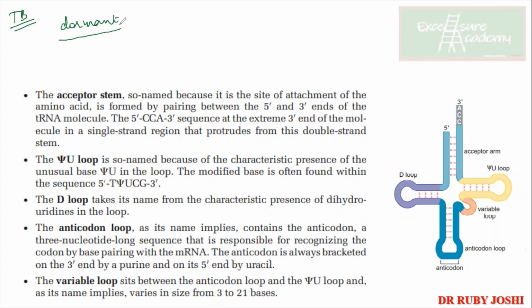Dormant means they can just go to the stationary phase where they're not growing, but they are alive, right? Inside the human host, they can infect the macrophages and stay alive inside without getting killed. So macrophages are meant to remove these bacteria, right? But the dormant mycobacteria can stay inside the macrophages without getting killed.